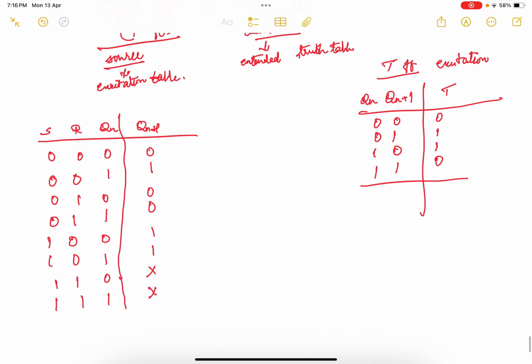Now based on that I am going to extend this to the T flip-flop, extending using the excitation table.